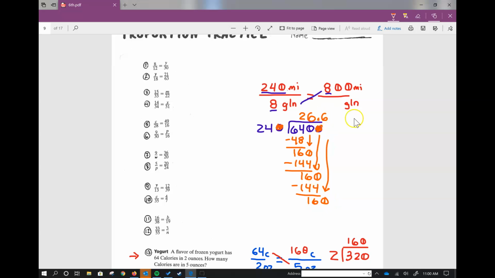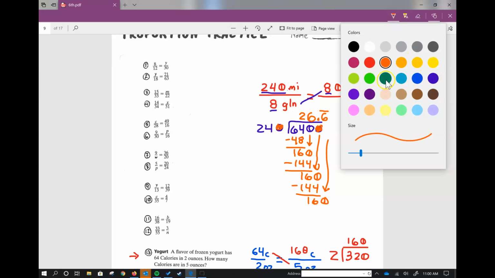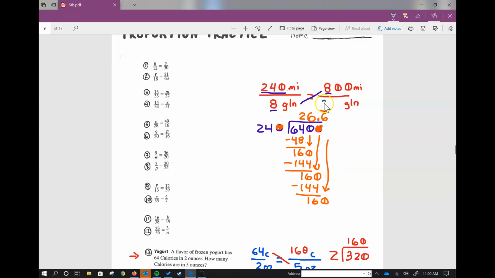We're going to keep getting 6s. That's why we use this bar. So our answer, how many gallons of gas will it take for this car to go 800 miles, is 26.666666 gallons. So our answer here is 26.6 gallons.